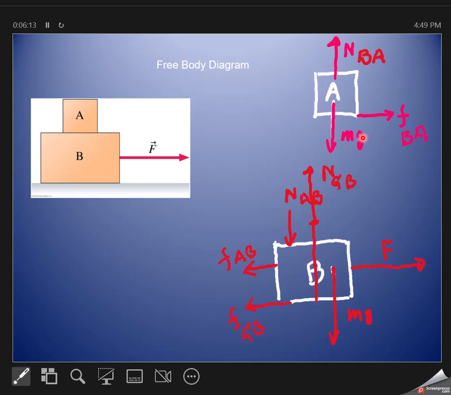At the same time, there is a supporting force from B, the base box, upward. Since the box is not moving in the vertical direction, neither up nor down, this force must be equal in magnitude but opposite in direction.